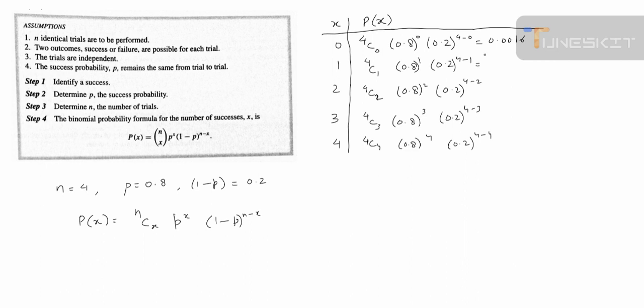Then we have 0.8 multiplied by 0.2 to the power 3, and 4C1 is 4. So that's 0.0256. Now 4C2 is 6. So 6 times 0.8 to the power 2 and 0.2 to the power 2. So that's 0.1536.